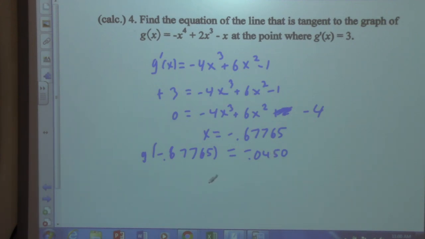What is our equation for a tangent line? y plus 0.0450 equals 3 times x plus 0.676. We can get rid of 3 decimal places now, we don't need to use it. So put 0.678. So that should be it, really.